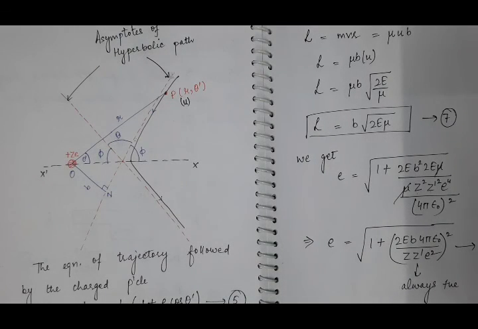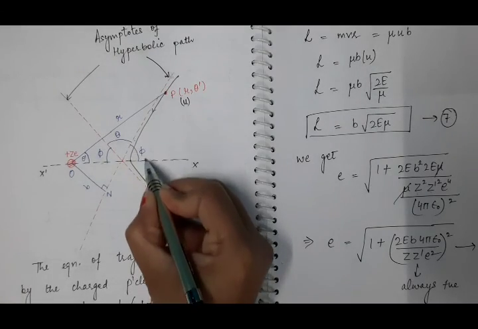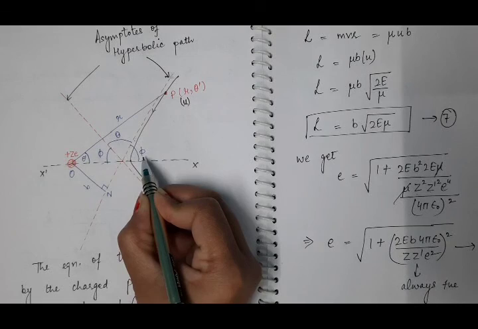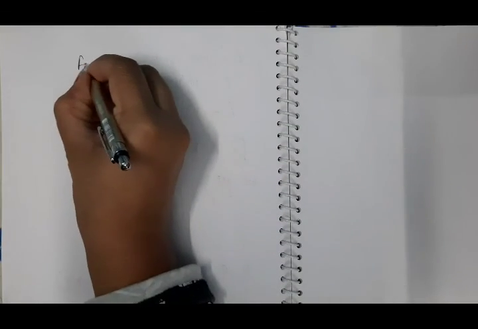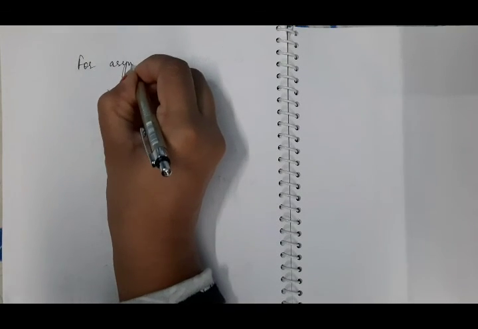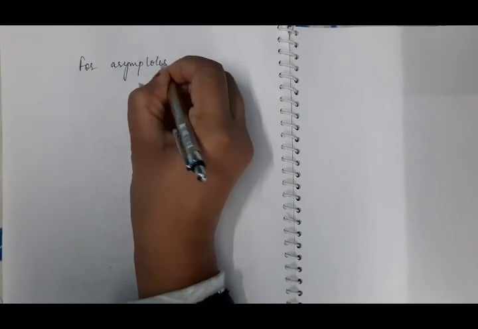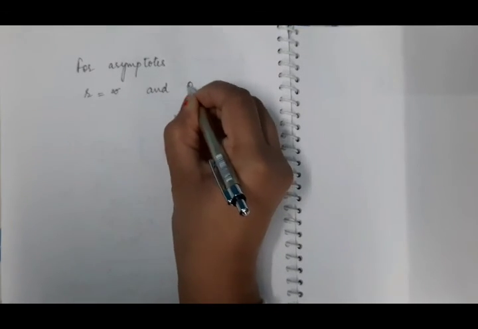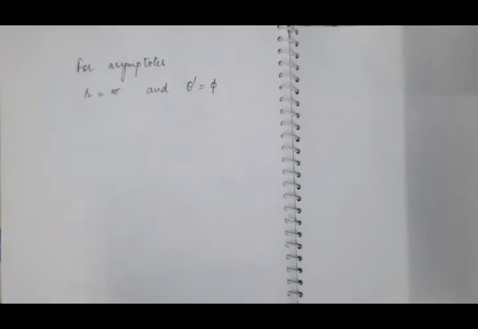So the plane polar coordinates of the asymptotes are r approaches infinity, and theta dash is equal to phi. This is theta dash, the angle with the x-axis.